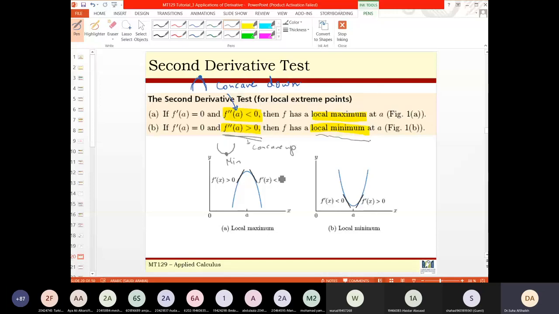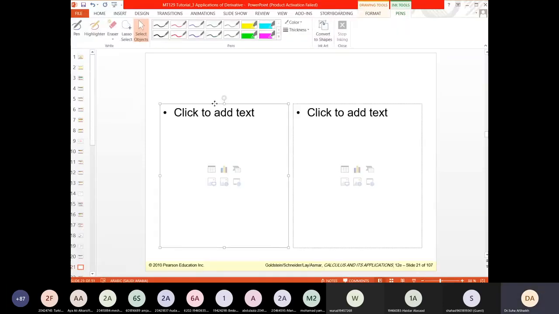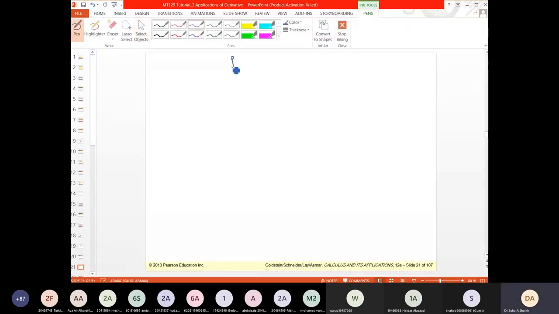Okay. Let me summarize this. If they give me a function f of x, I will find f dash of x. I'm gonna let it equal to 0. This will give me points. Say point x1, for example.